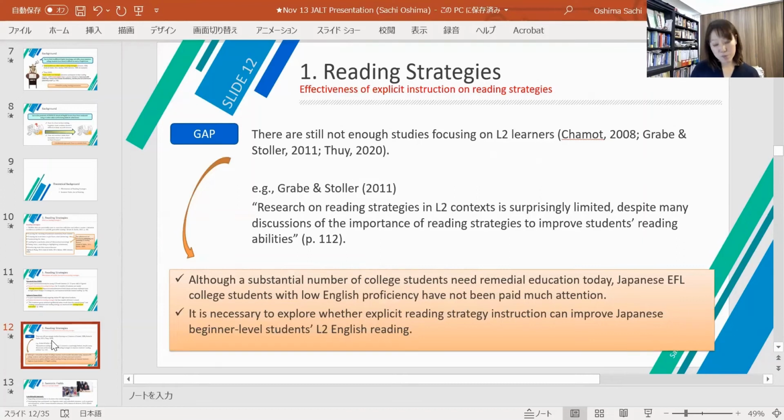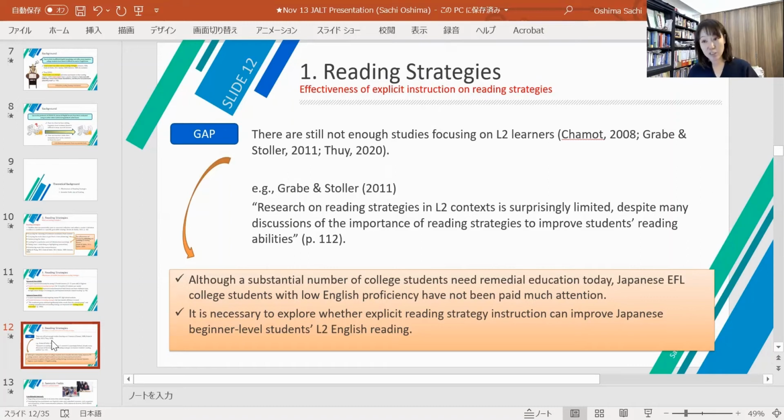However, previous researchers have also suggested that there are still not enough studies focusing on L2 learners. Grabe and Stoller suggested that the research on reading strategy in L2 contexts is surprisingly limited, despite many discussions of the importance of reading strategy to improve student reading abilities.